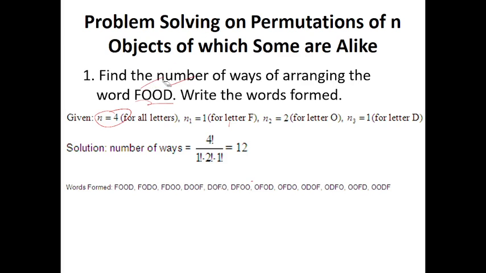FOOD is the first, then FODO second, third, fourth, fifth, sixth, seventh, eighth, ninth, 10th, 11th, 12th. So this is the 12th, and that is 12 in all. I hope you get it. This means the two O's, even if they swap, are still the same word.